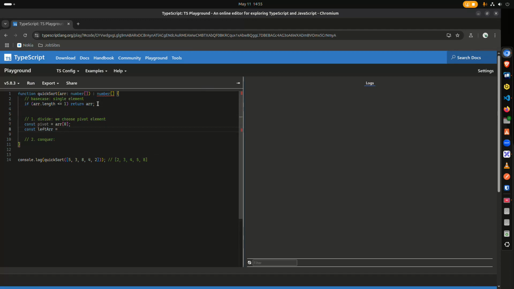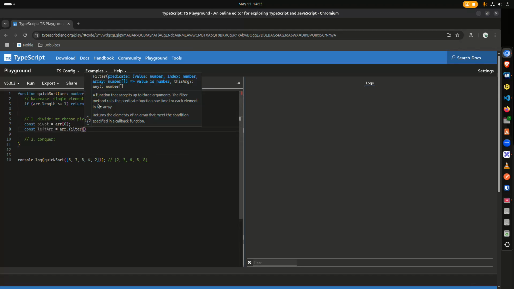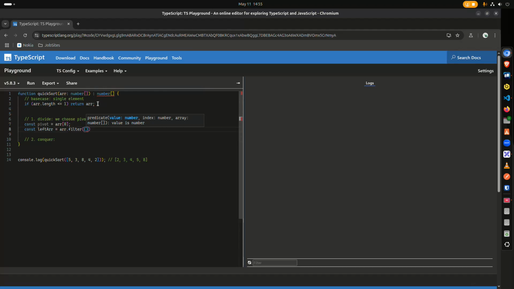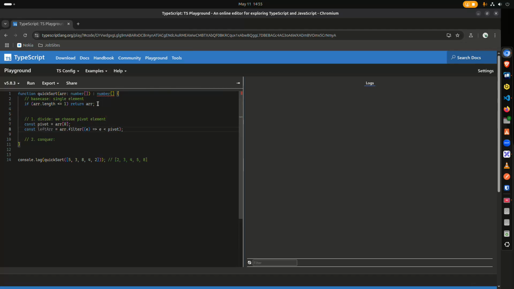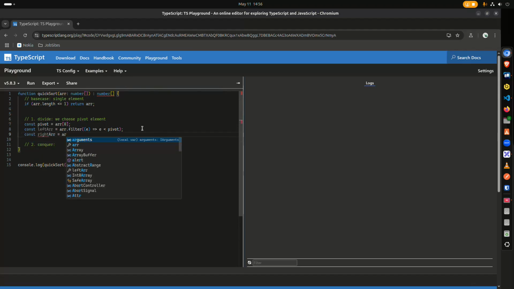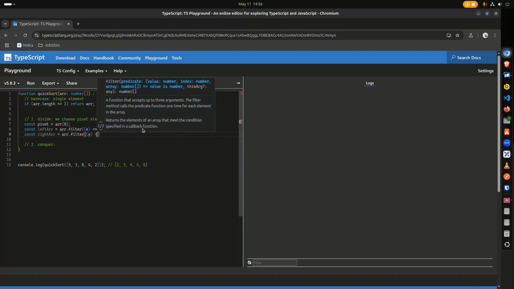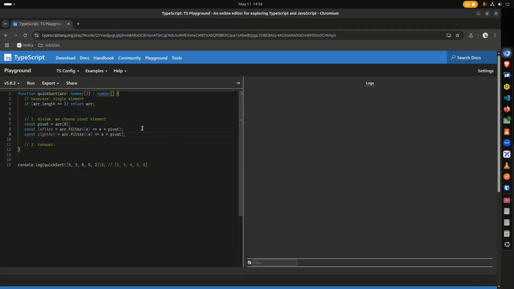How do we find the left array? We take the existing array and run the filter method on that, and we say, if that element is less than pivot, this will create another array where all the elements are lesser than pivot. And then we also have a right array, which is array.filter, and then this would say e greater than pivot. So now we have left and right array.